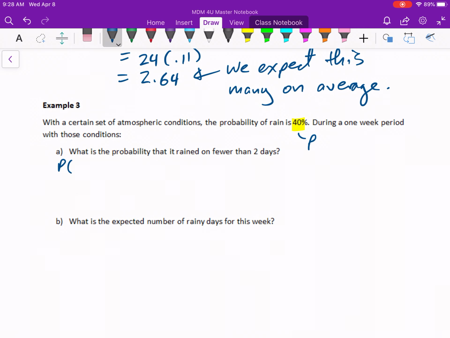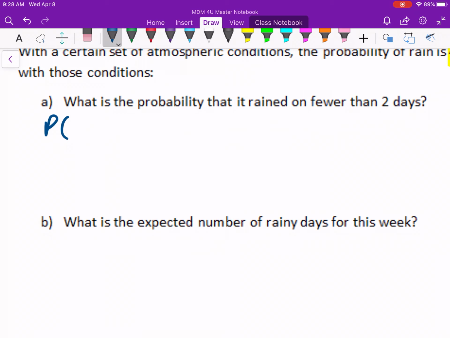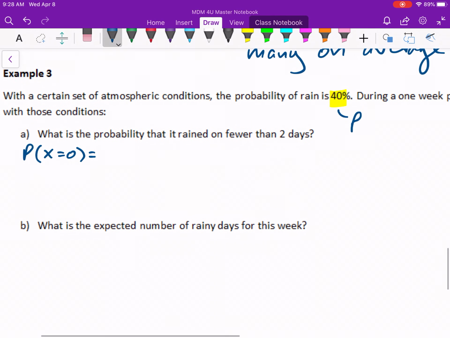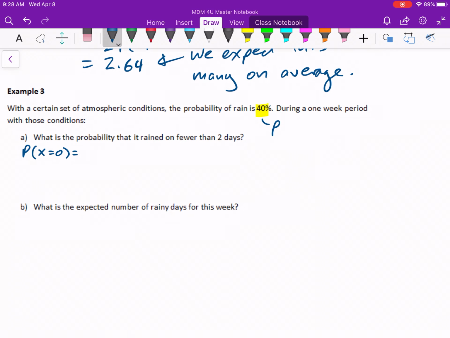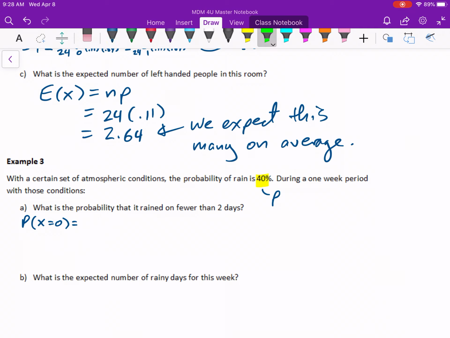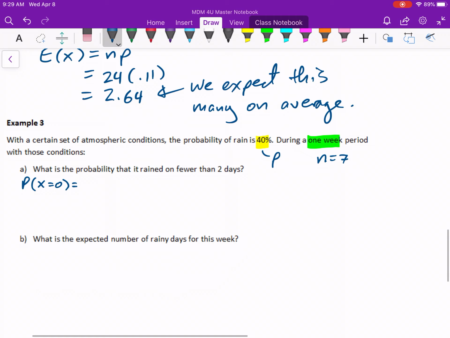So the probability that it rained on 0 days, we need to identify a couple other variables. For 1 week, we can interpret that to mean that n equals 7. And x, of course, is 0, I've already identified that.